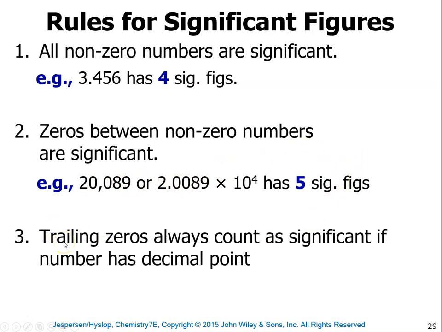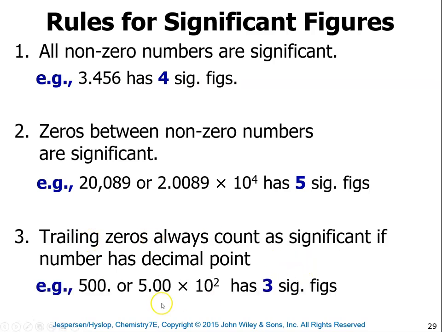Trailing zeros always count as significant if the number has a decimal point. And remember, the reason for significant figures is it tells us the precision of the instrument that we're using to measure it. So if we have 500 point, right?